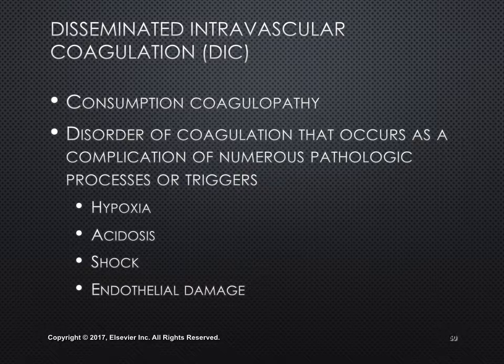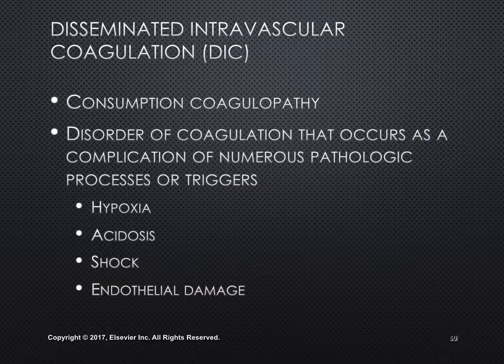With disseminated intravascular coagulation, or DIC, what it is is a consumption coagulopathy. It's a disorder of coagulation that occurs as a complication of numerous pathologic processes or triggers like hypoxia, acidosis, shock, and endothelial damage.